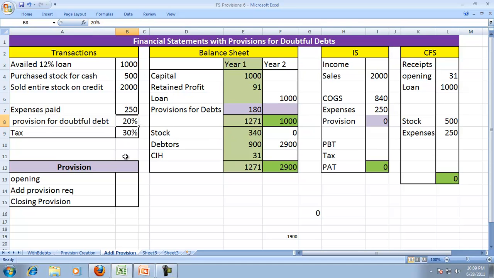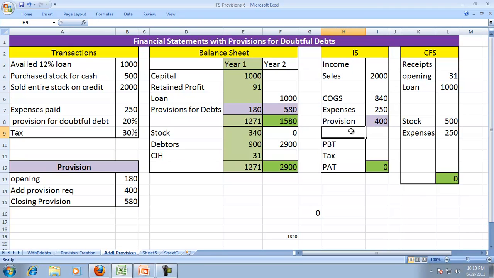But here you see you're creating a provision, so let us go to a working statement. In the working sheet, you had an opening provision, and you're creating a 20% provision on the current sales, that too credit sales. So the current provision is 400, and this provision is added to the opening provision, so the closing provision will be 180 plus the current provision, that is 580.